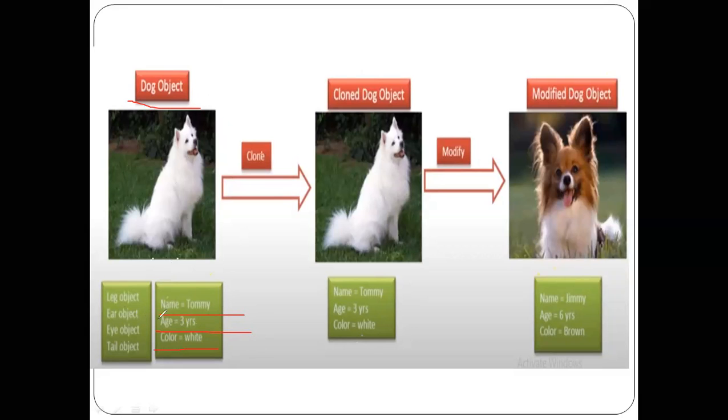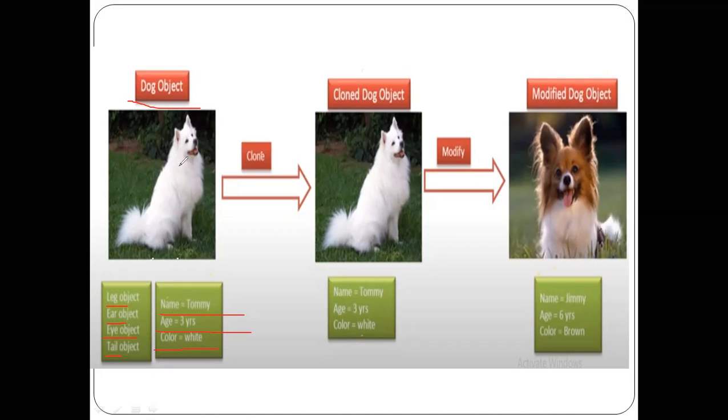Also, this dog class has leg objects, how many legs this dog has, how many ears, and also eyes and tail objects related to this particular dog class. This is the original dog class which we have created and saved into the computer.